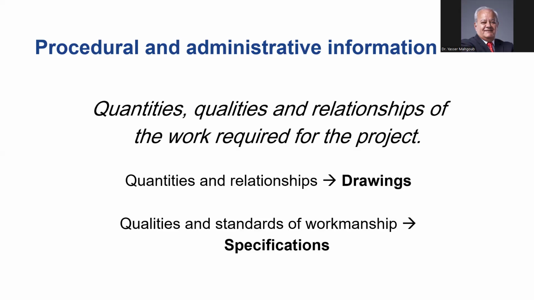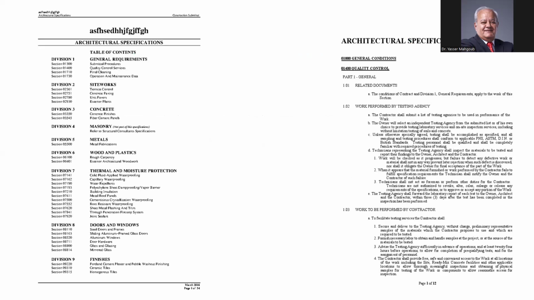Will go for the specifications, not the drawings. If they don't match, the contractor will tell you, I'm sorry, I'm working according to the specs, not the drawings. So you have to review exactly the matching between the drawings and the written specs.